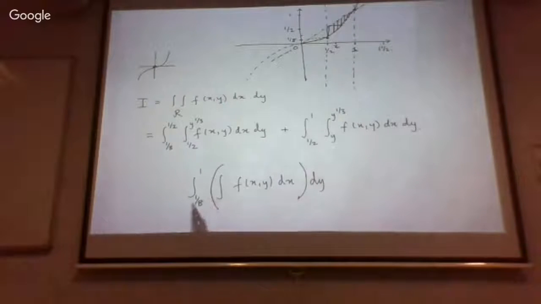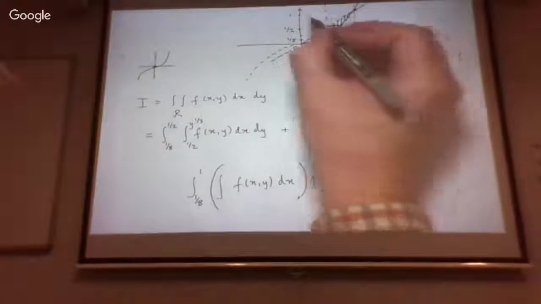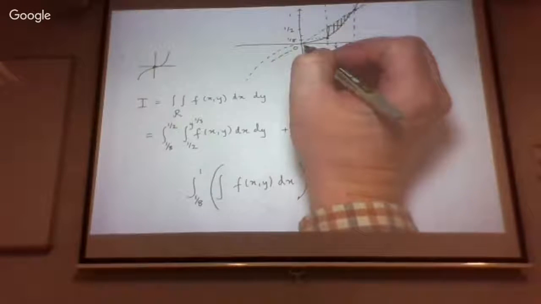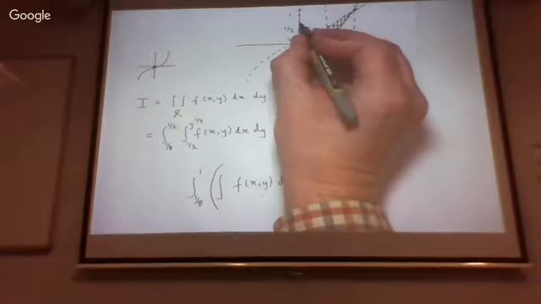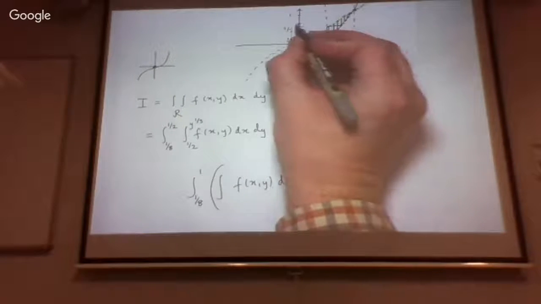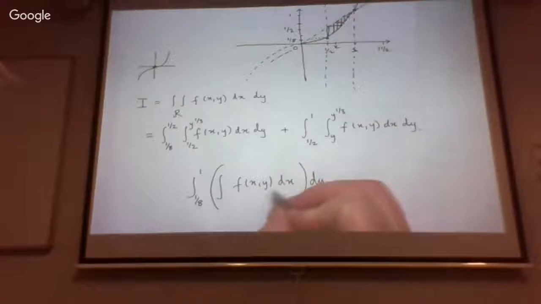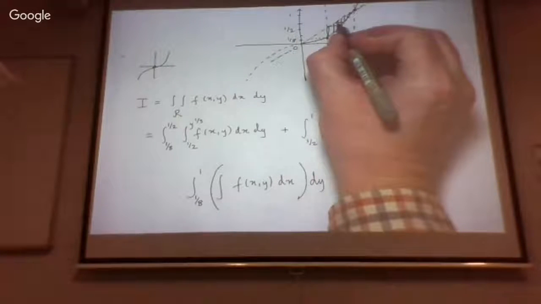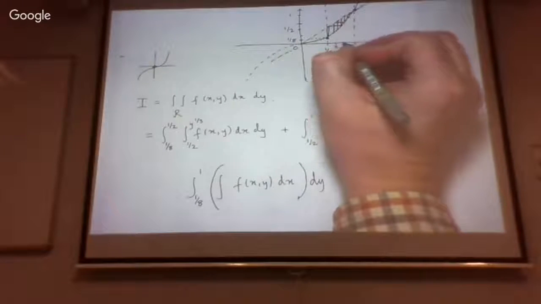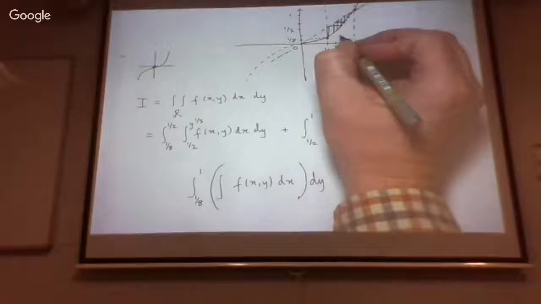Now, if we attempted to do it in a single go like this, what you then have to think about is a general y value in that range between an eighth and 1, so thinking of a general horizontal line. The x integral then has to take that y value and perform an integral across the x variable in such a way that it only goes across the region.